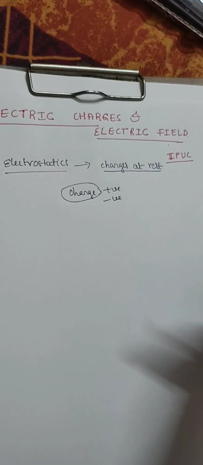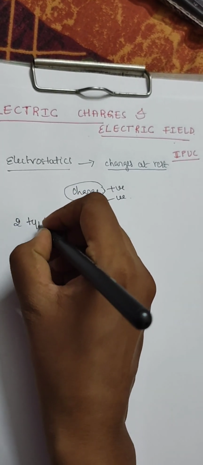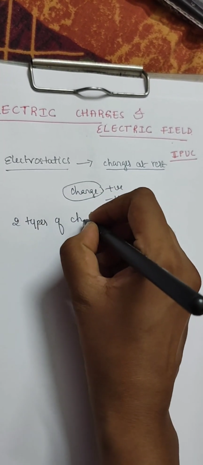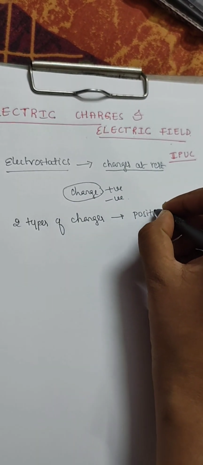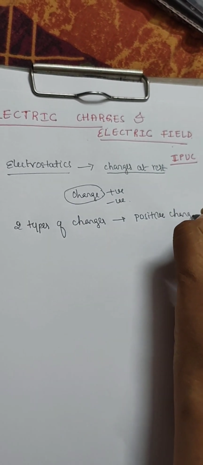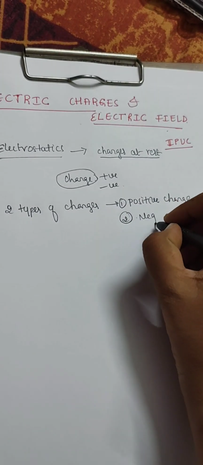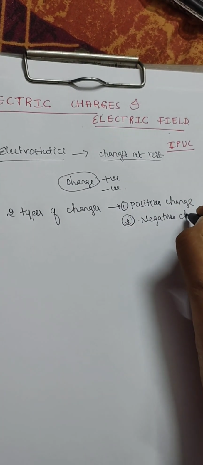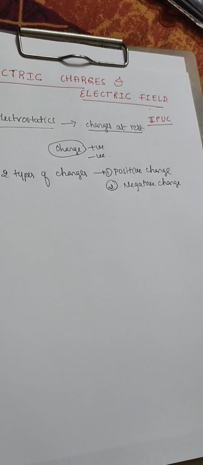There are mainly two types of charges. The first one is positive charge and the second one is negative charge. If there is no charge, then we consider it neutral, right?